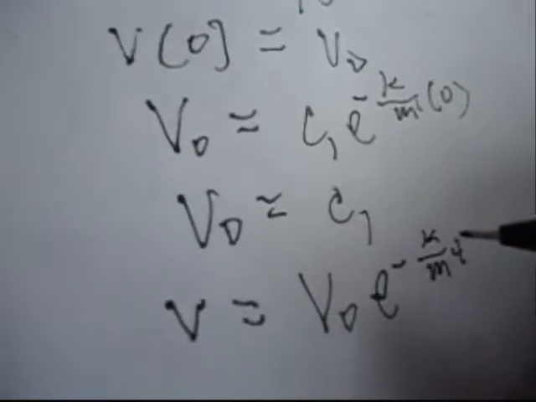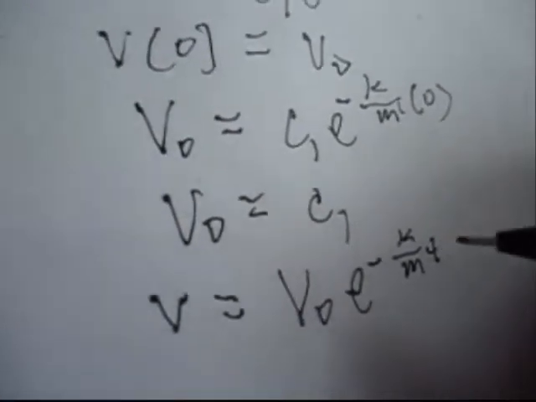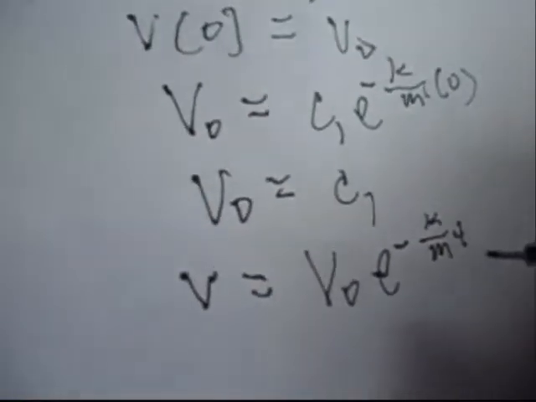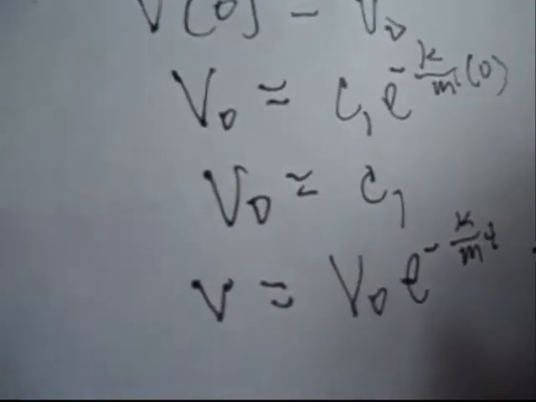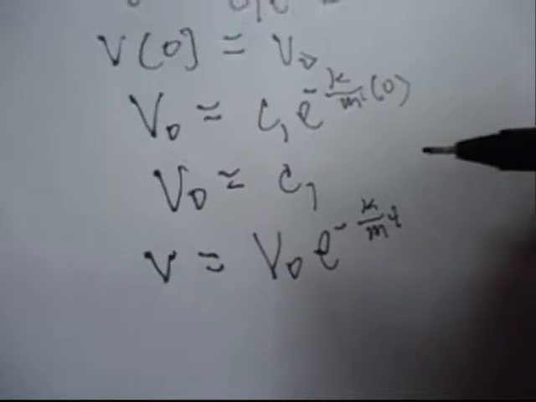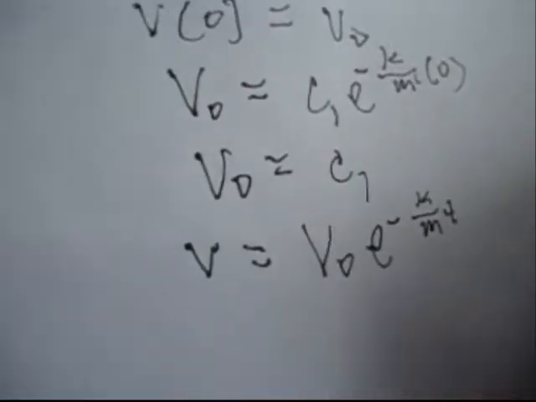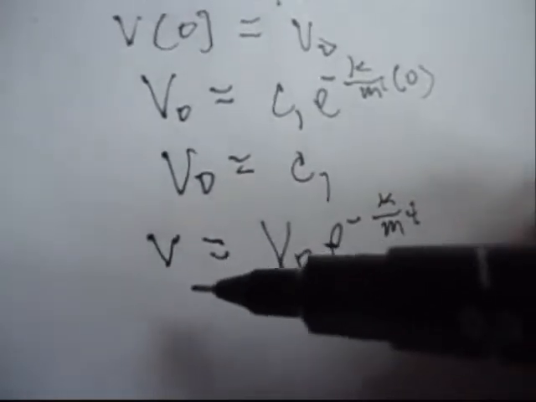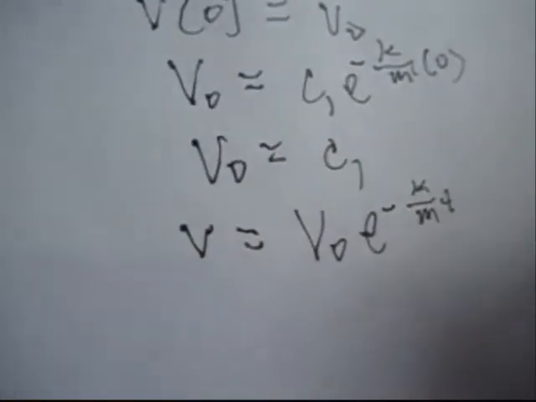But the solution of our problem does not end here, because we still have to find the limiting position approached by the particle. When we say position, we need to find x. So we need to express this in terms of x.